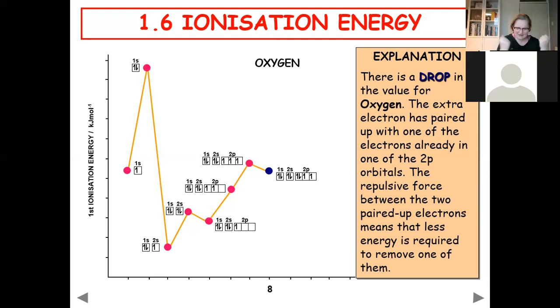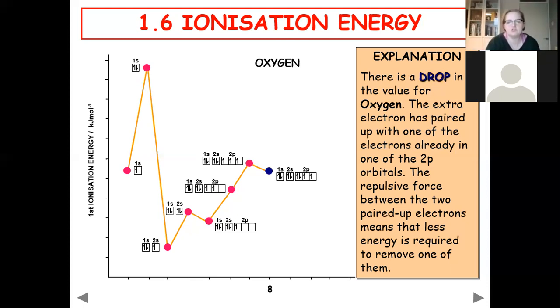So they're wanting to get rid of each other anyway. So we've already got some repulsion force coming into play when we want to remove that electron. So it doesn't require as much energy as the last electron to remove in nitrogen, because we've got a slightly weaker charge because of this.